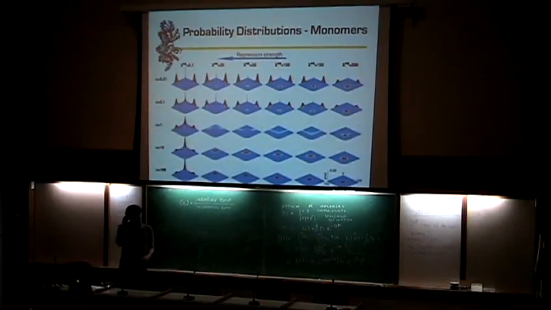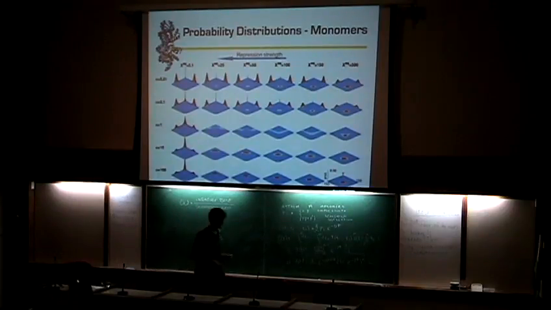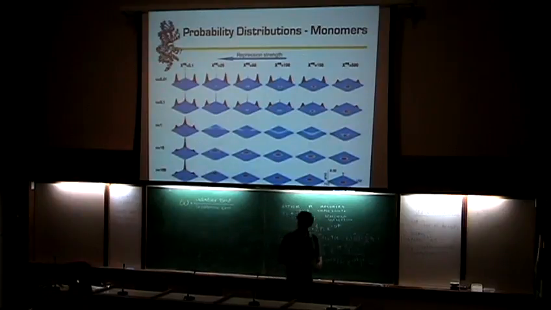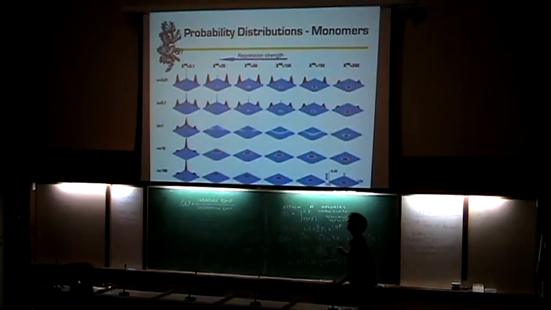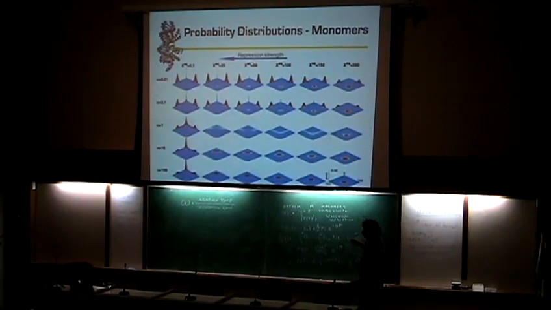So these are a lot of probability distributions for the case where you have binding monomers. Here, when you have the binding monomers, going this way is when the repression becomes stronger.